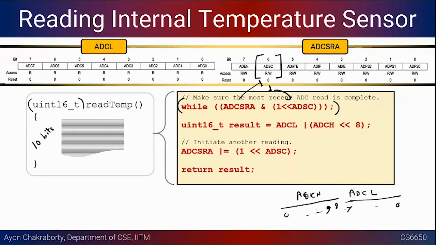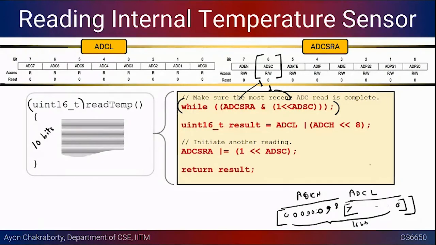So we read the ADCL, which is the last 8 bits, and then we left shift the ADCH by 8 bits, so that this entire thing becomes a 16-bit value, and we do a logical OR. In totality it will be 6 zeros, followed by the 9th bit, 8th bit, 7th bit, 6th bit, up to 0. So this becomes your 16-bit value.